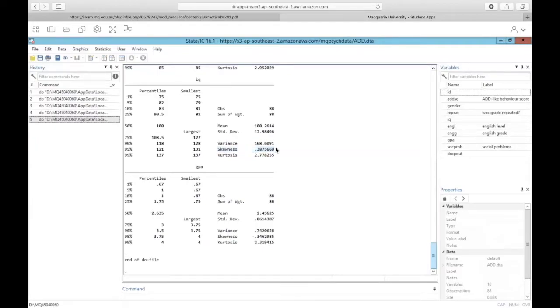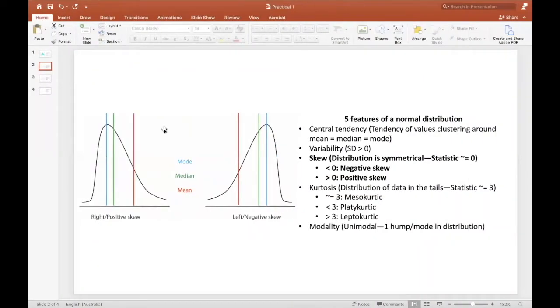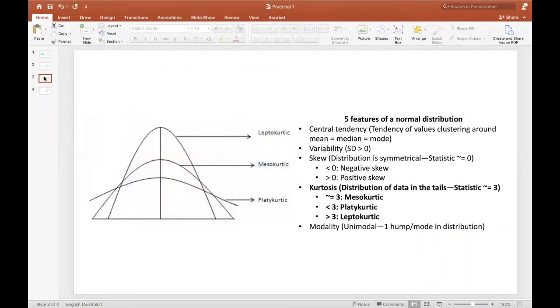Right, so let's talk about kurtosis next. And kurtosis sort of defines how flat or how pointy a distribution is. More importantly, kurtosis tells us how much data is represented in the tails on either side. So a perfectly normal distribution is considered mesokurtic. So this distribution here would be considered mesokurtic.